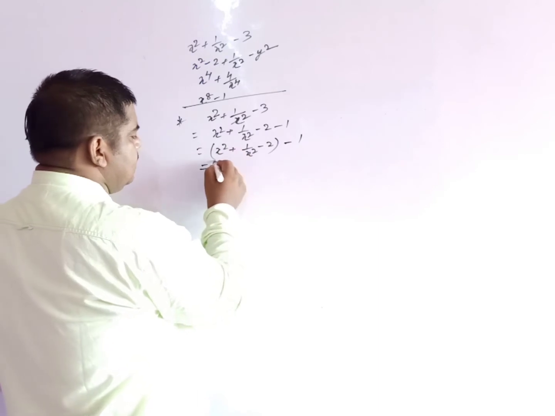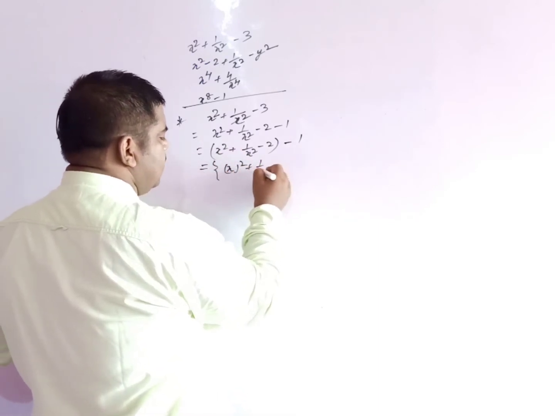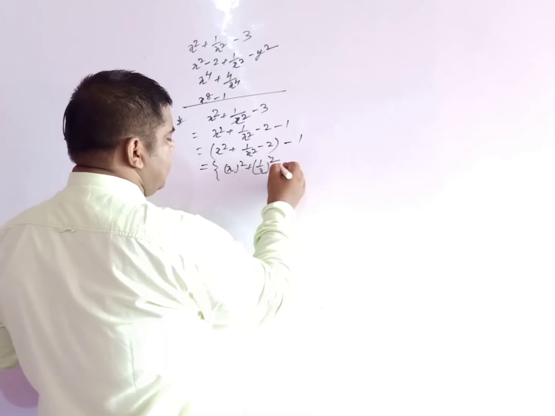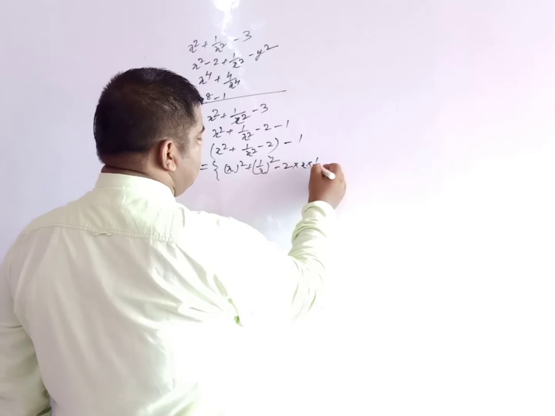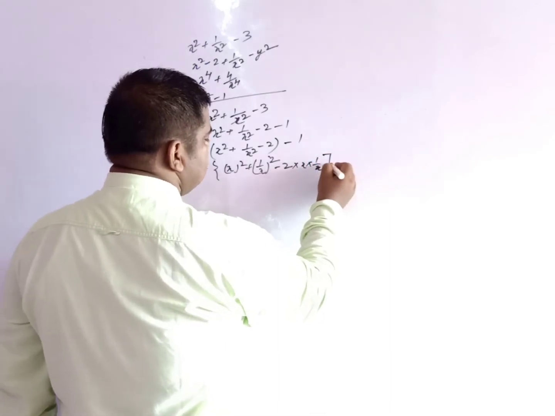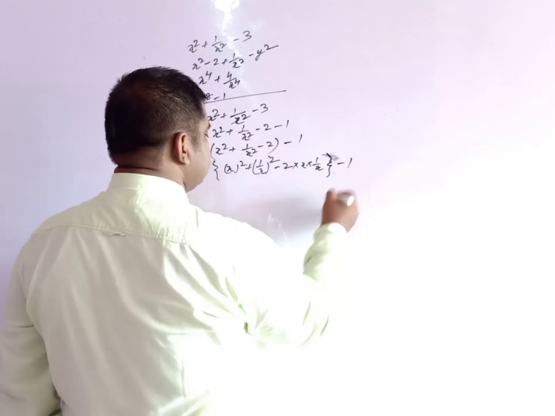And here you can just rearrange it: x square plus 1 upon x whole square minus 2 can be rearranged as x into 1 upon x, at 1 upon x, and after that minus 1.